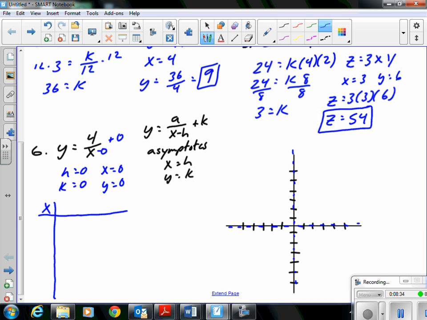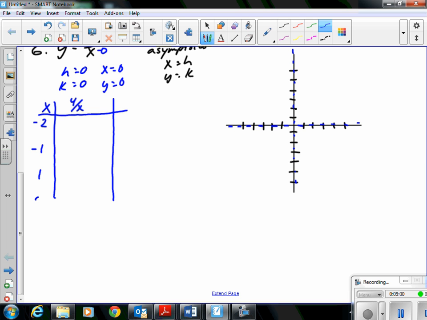we want to pick 2 points to the left of the vertical asymptote, and 2 points to the right. So since our asymptote is at x equals 0, then we can use -2 and -1 on the left side, and +1 and +2 on the right side.